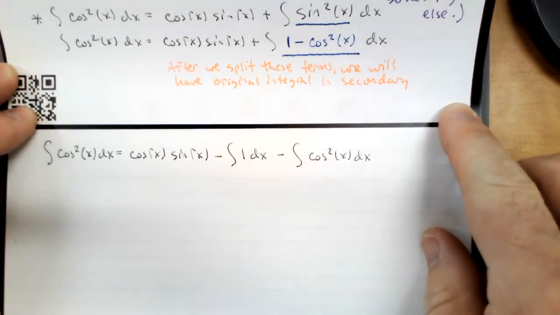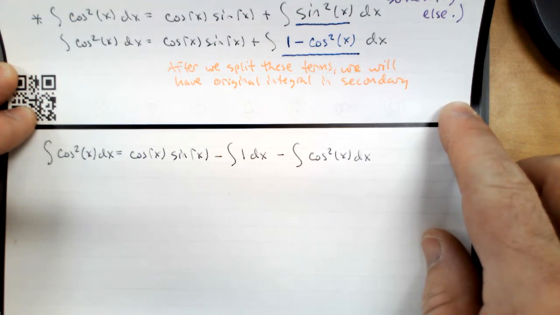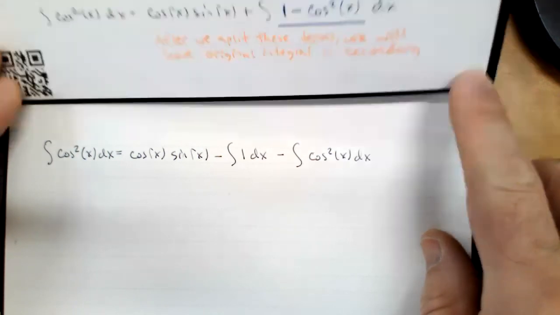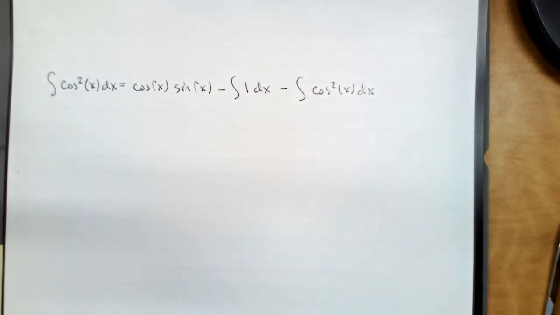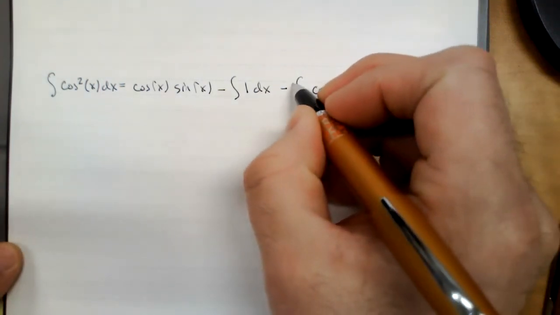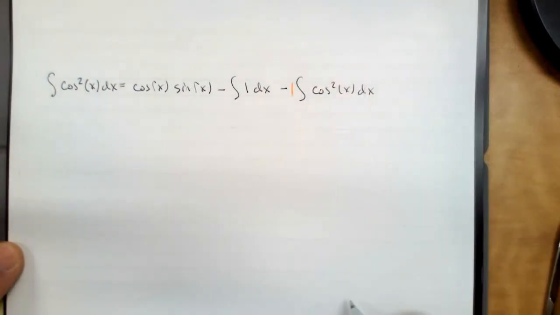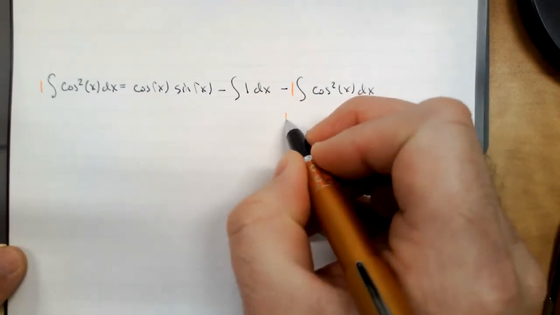So here we are, having split that integral over its terms. Now we have the integral of 1 dx. That's easy. That's just going to give us an x. Then the other term is the integral of cosine squared x dx. So what we're going to do is take this minus 1 integral of cosine squared x dx, and we're going to add this to both sides.